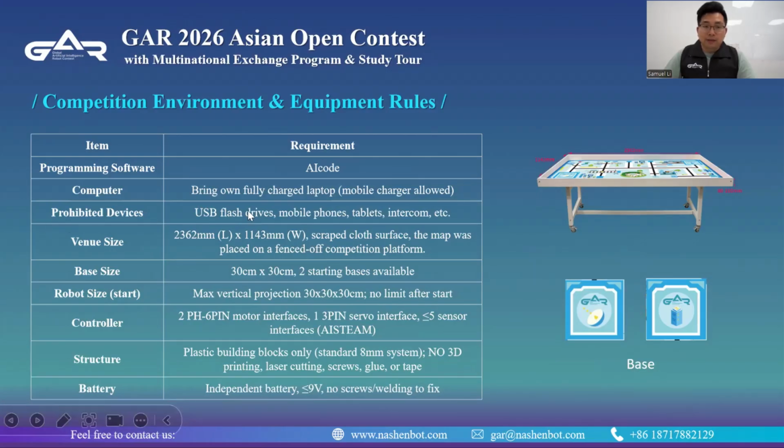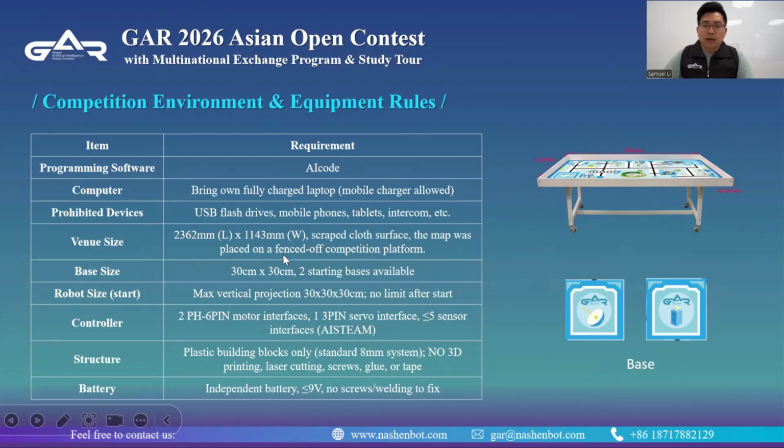Prohibited devices: USB flash drives, mobile phones, tablets, and intercoms are forbidden to be brought into the contest arena. The venue size: this is the map and this is its size.